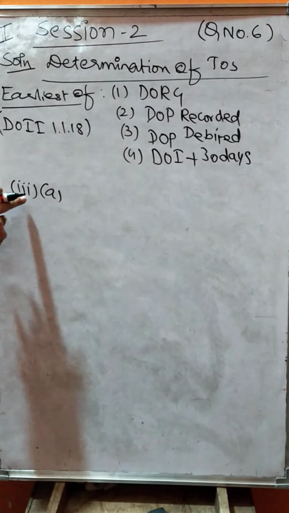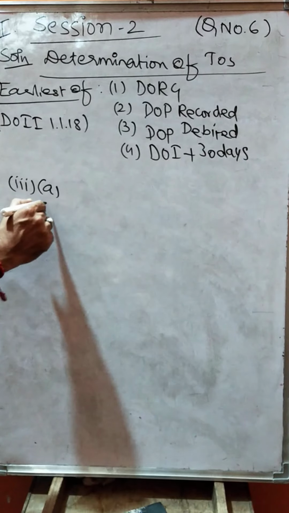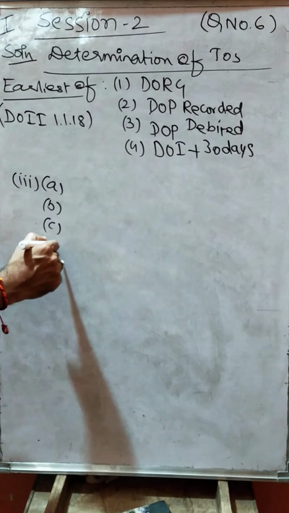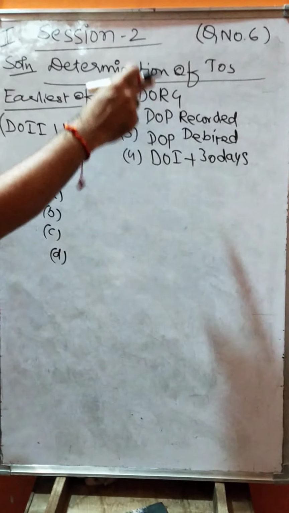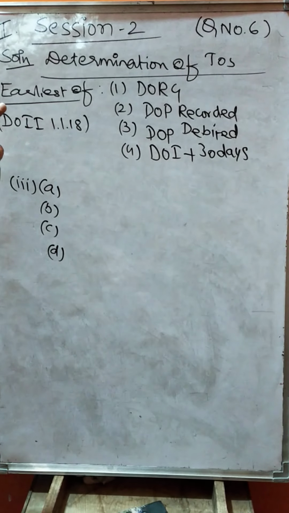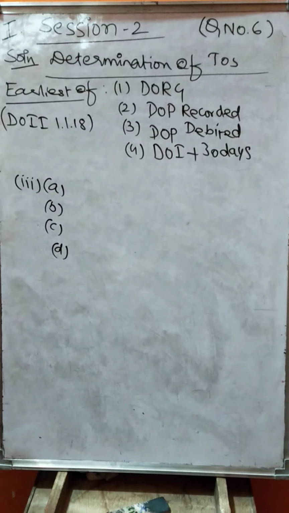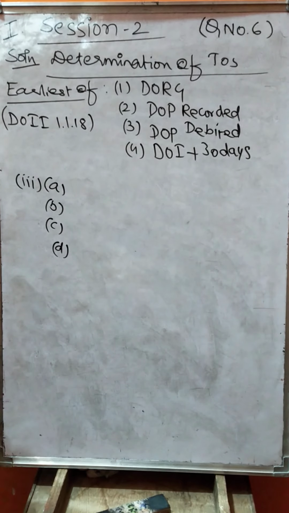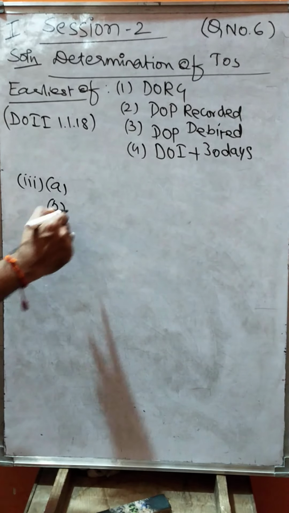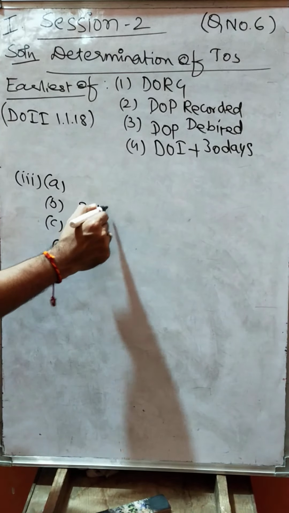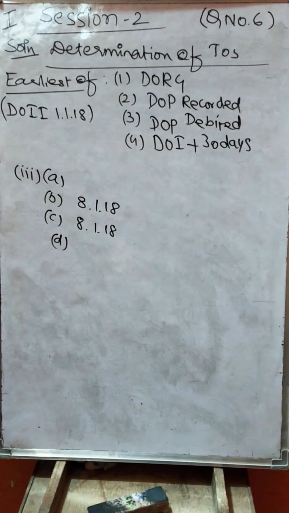So serial number 3, case 3, that is again there should be 4 dates. Date of receipt of goods, date of payment recorded, date of payment debited, date of invoice plus 30 days. So Mr. Ashok made payment on 8th January. So payment is 8th January. Payment recorded is also 8th January. And received the goods on the same day.